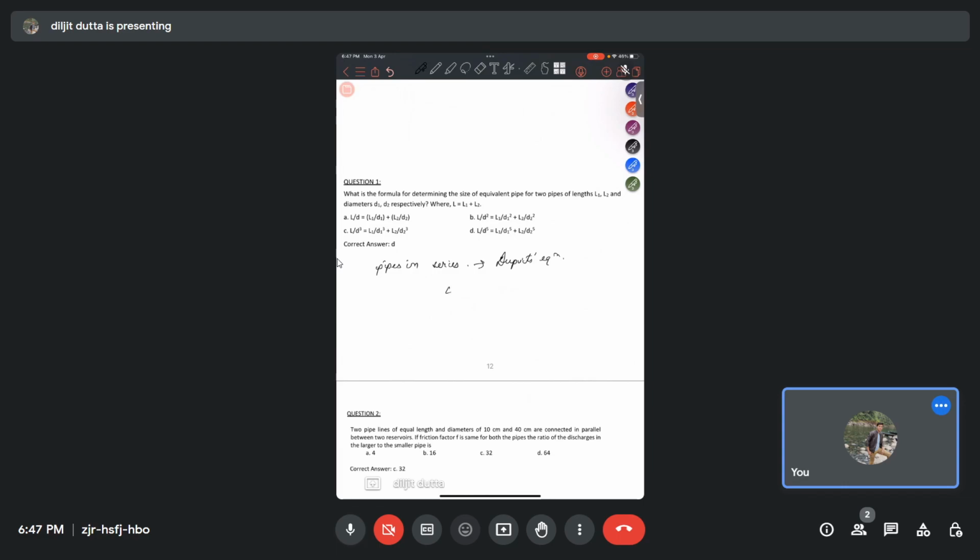What it says is that the equivalent length of pipe will be distributed to the individual lengths by this formula. So the correct answer is option D.